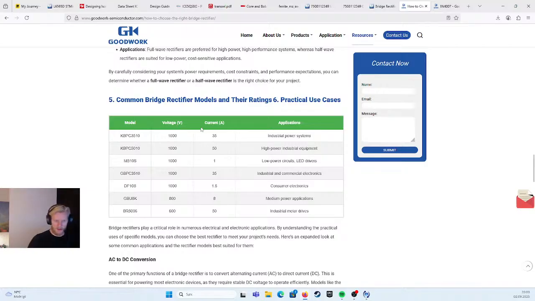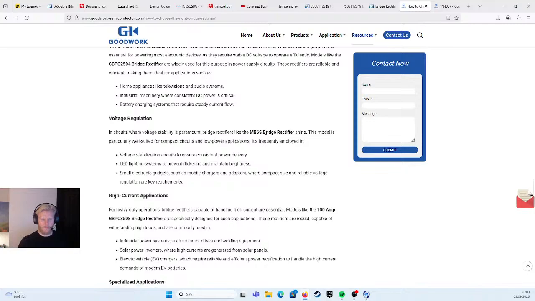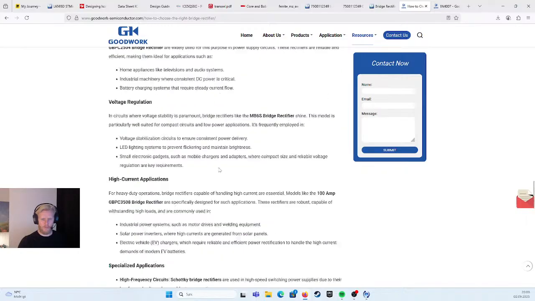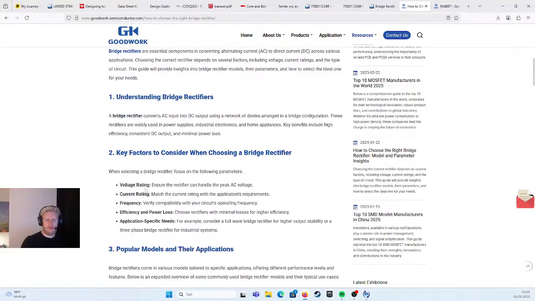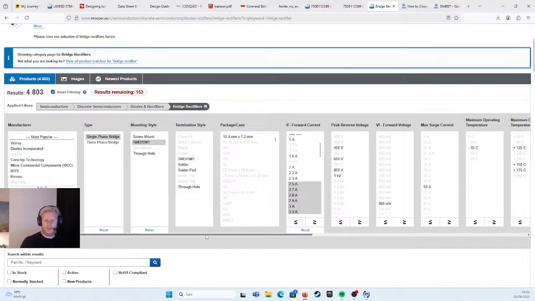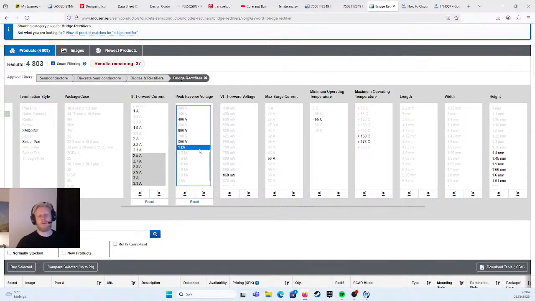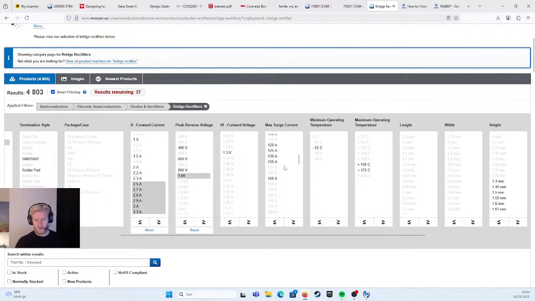So the voltage rating is important, the current rating, frequency, peak reverse voltage, forward voltage, surge current.